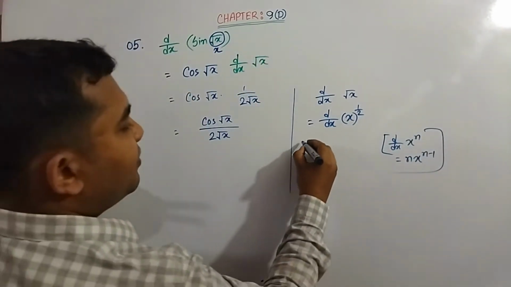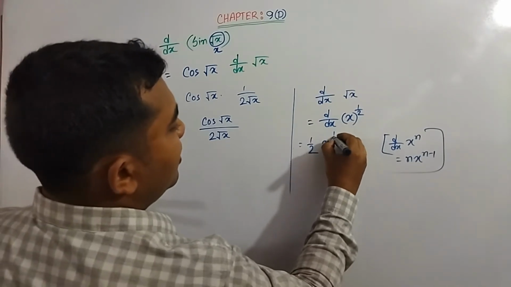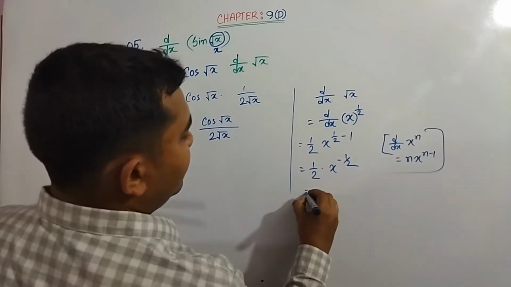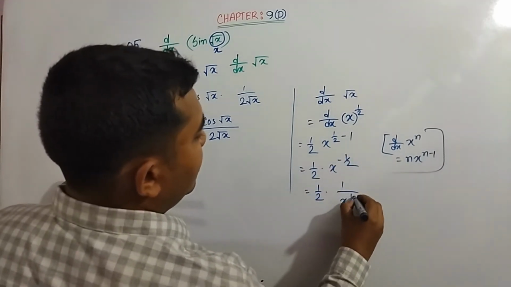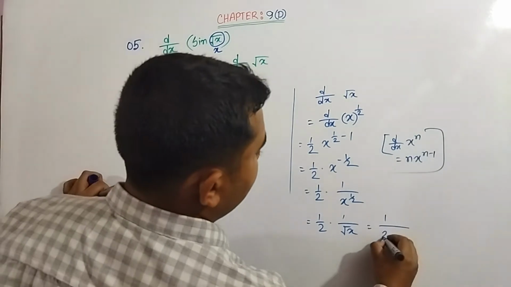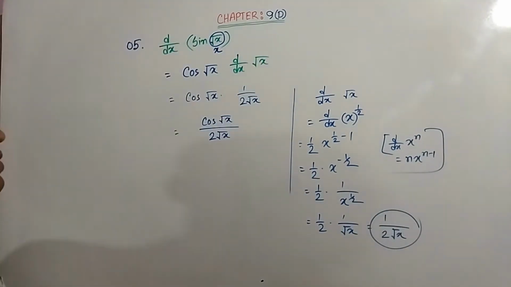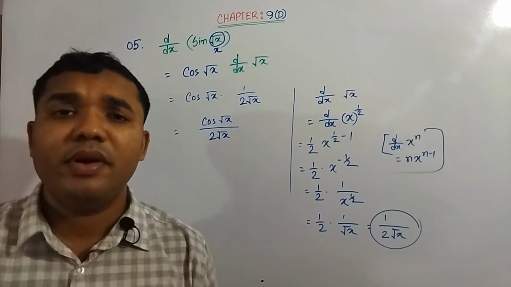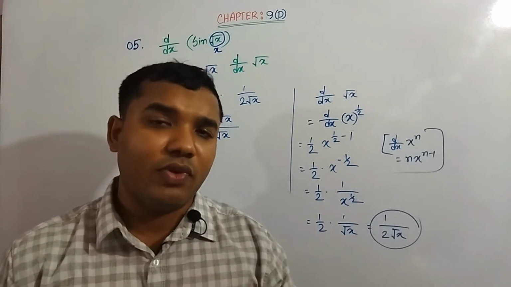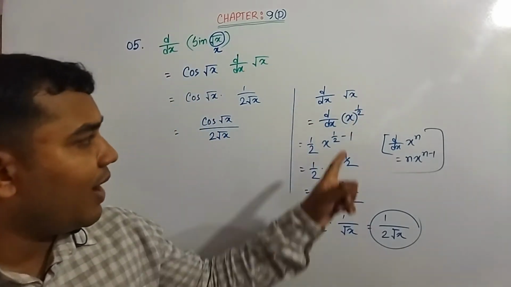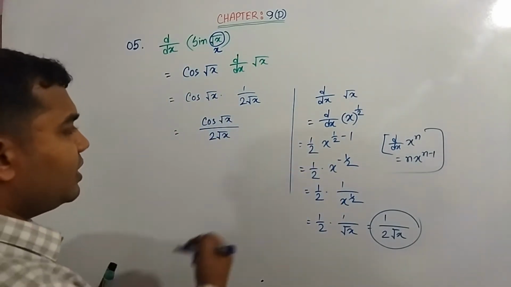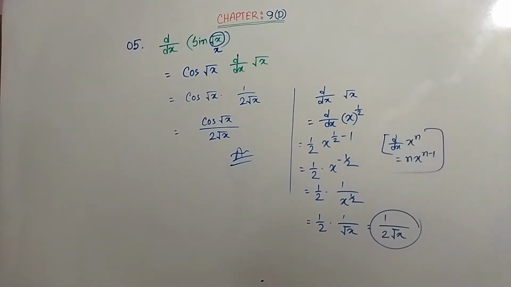Using that here, half into x to the power half minus 1, which is half into x to the power minus half, so 1 by 2 into 1 by root over x, that means 1 by 2 root over x. I think you should remember this formula, otherwise you have to write all these steps. So that's our first answer of the first derivative part.